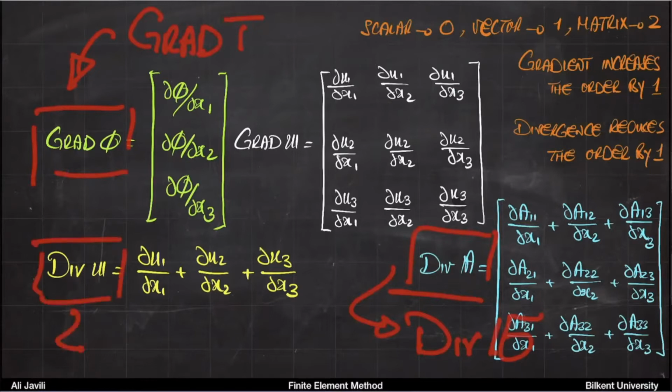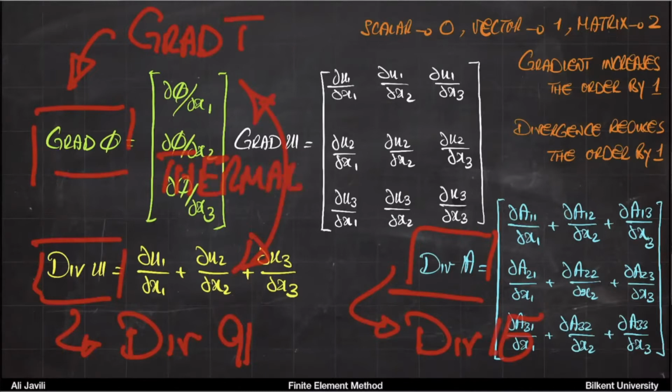Divergence of a vector would look like divergence of Q, heat flux, again for a thermal problem. So let's say the left-hand side is useful for a thermal problem, and the right-hand side would be useful for the mechanical problem.